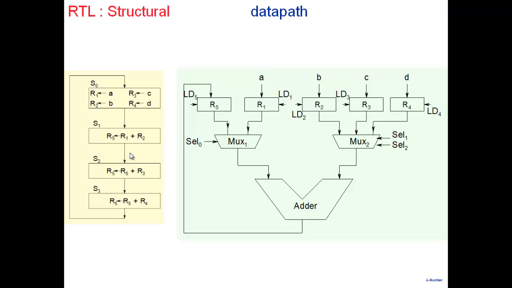And so fine, you can see here, if I want to carry this out, what do I have to do? Select signal should be such that I choose R1, and R1 goes here and then appears here. And similarly, I want to do this, so select signal should be such that R2 propagates here and comes over here. So whatever select signal, 0,0 or 0,1 or whatever, I have to apply such that R2 is routed to this particular input here, right?